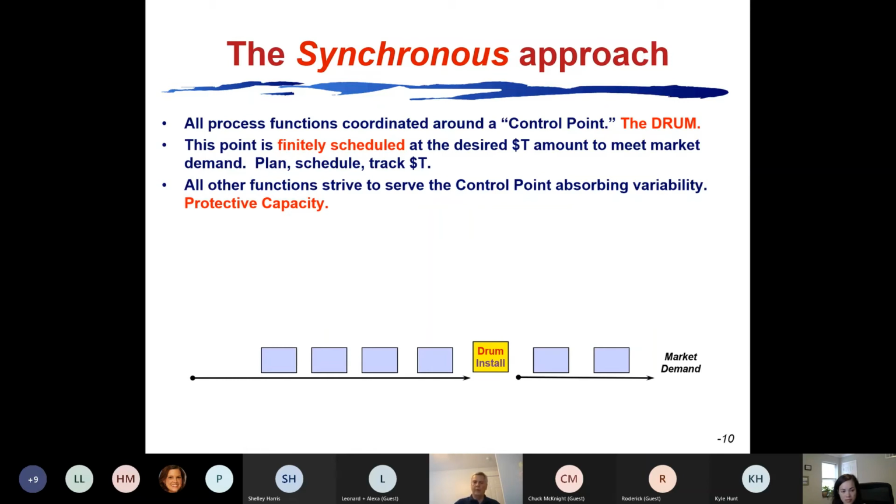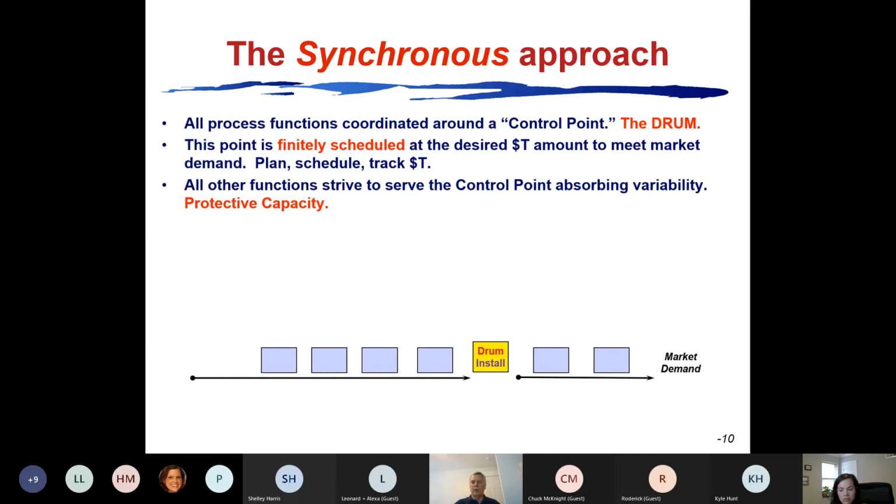We finitely schedule. That means you don't have infinite capacity. Assuming you have infinite capacity is also called wishful thinking. You have finite capacity, and so we want to schedule to that finite capacity every day. And we use that metric called throughput. More about that in a moment.